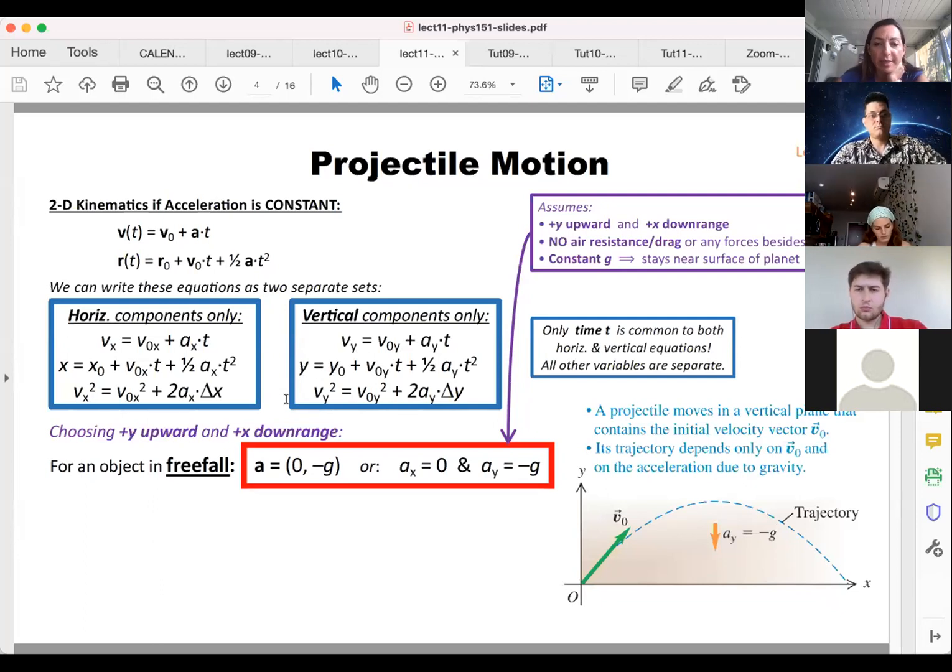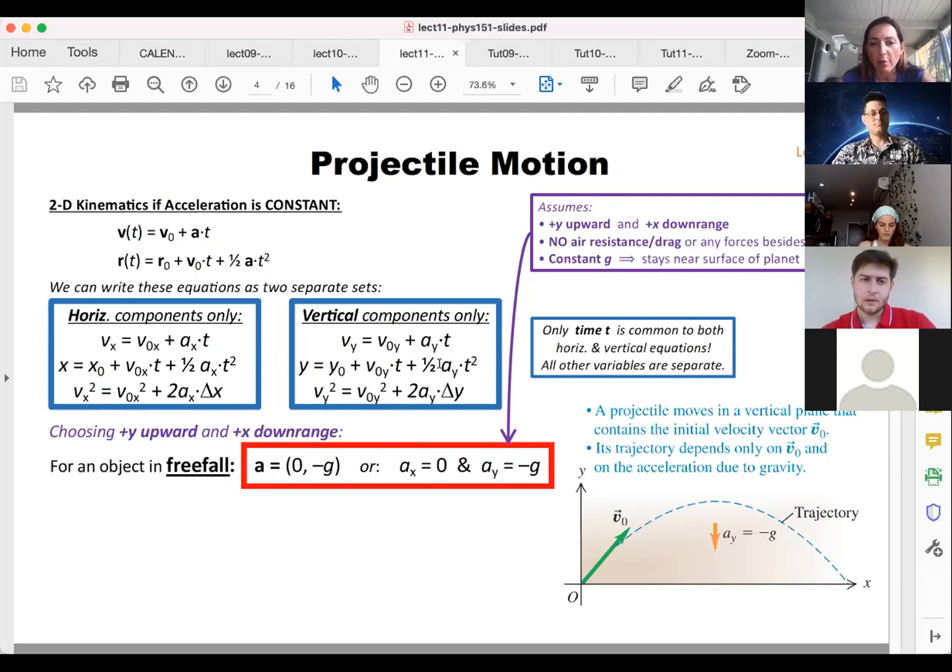The displacement along the y-axis is going to be y naught, which tells you from where you are throwing the ball, whether from the ground or maybe from a very tall building, plus V naught t, with the initial velocity that you use, plus 1/2 Ay t squared.